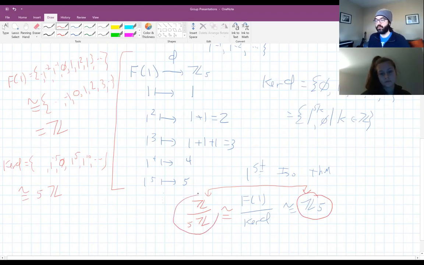Here, we think of them as cosets, because this is a factor group, but they're isomorphic to each other. And one way you can show that is by taking a free group and finding what the kernel is. This is the fundamental idea behind what we're doing. Does that make sense?